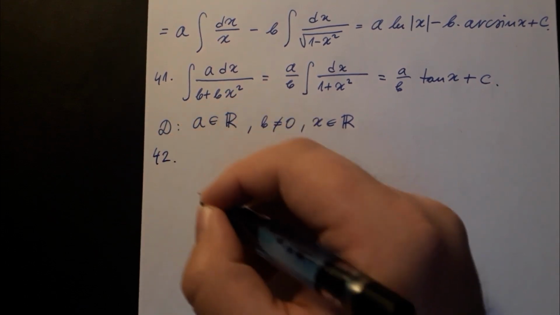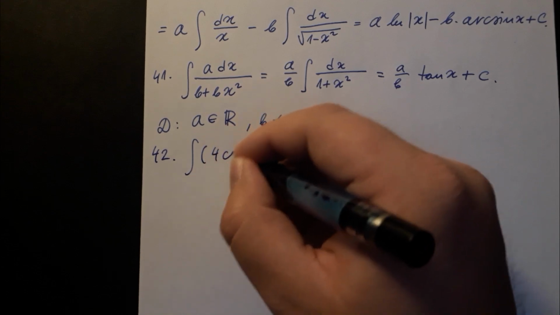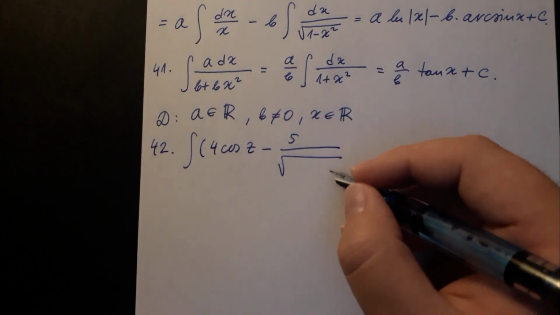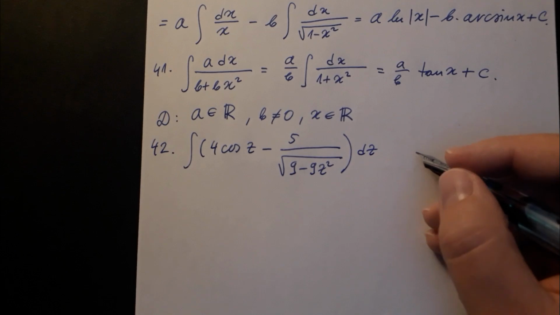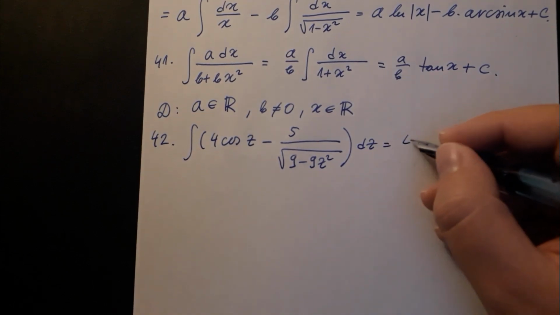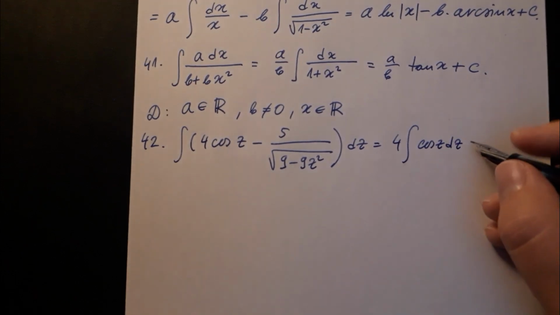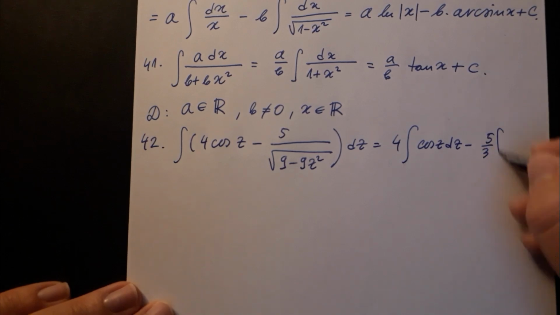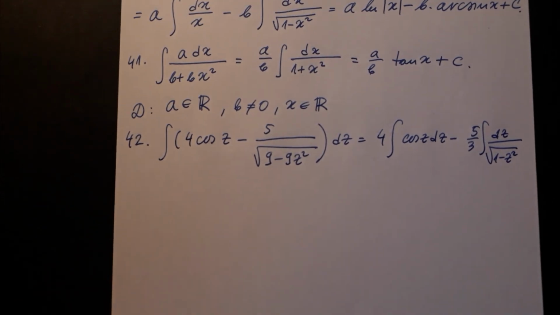Integral number 42 on our list is an integral of 4 cosine z minus 5 divided by a square root of 9 minus 9z squared dz. So this is equal to 4 times an integral of cosine z dz minus 5 divided by 3 integral of dz divided by a square root of 1 minus z squared.